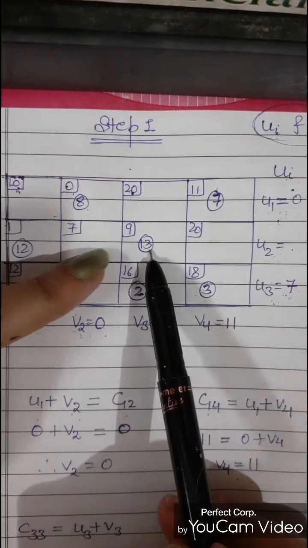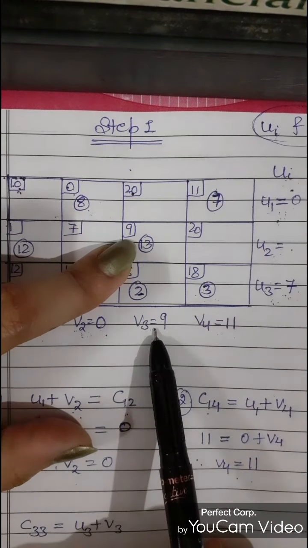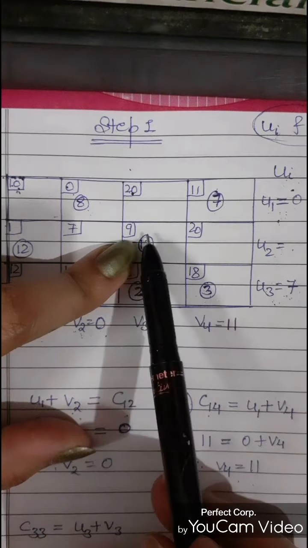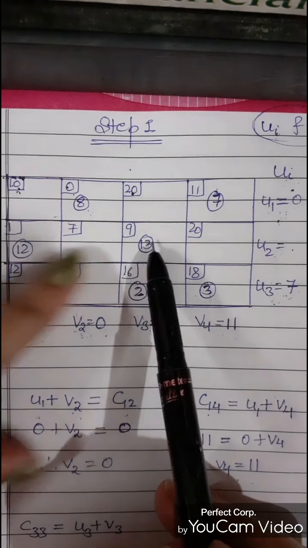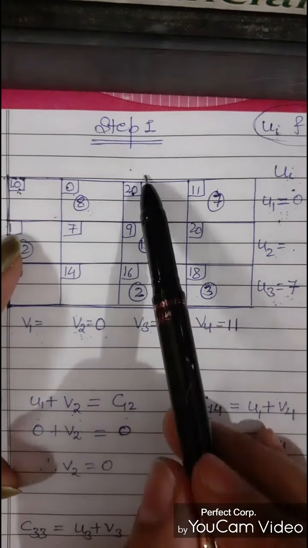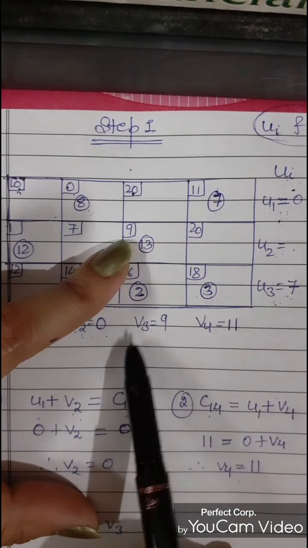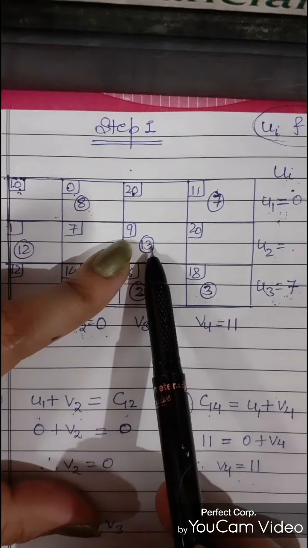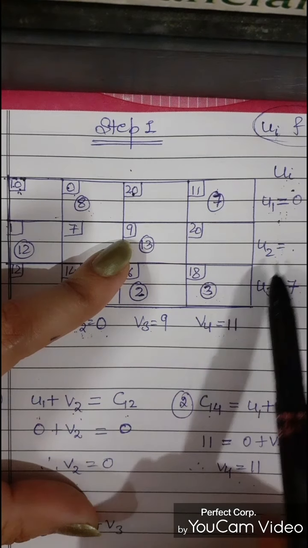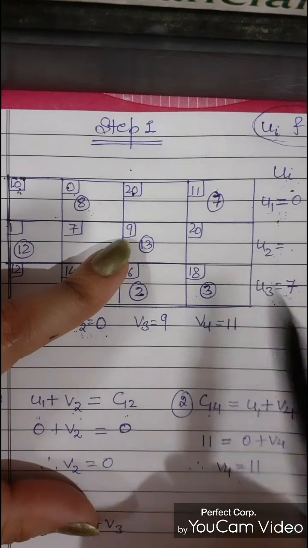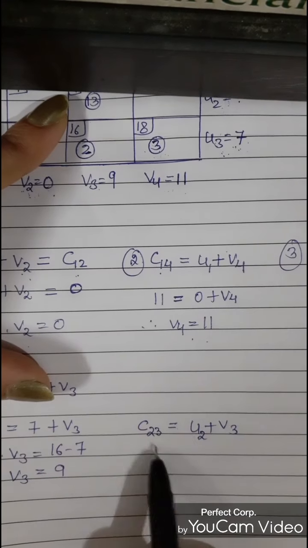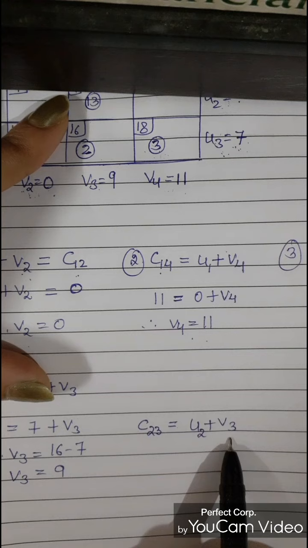But for this cell, I have the value, that is v3. Which cell is this? C23, second row and third column, C23. For this C23, I have the value of v3, so I can calculate the value of u2. So I will write C23 equals u2 plus v3.